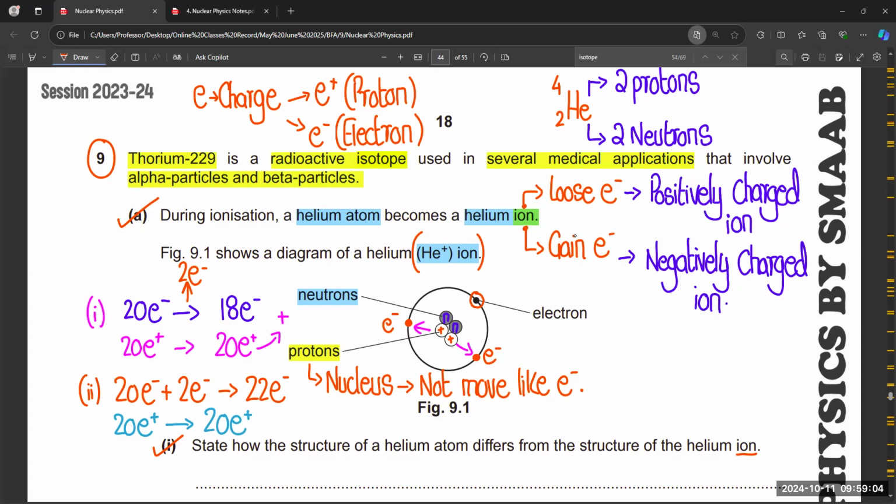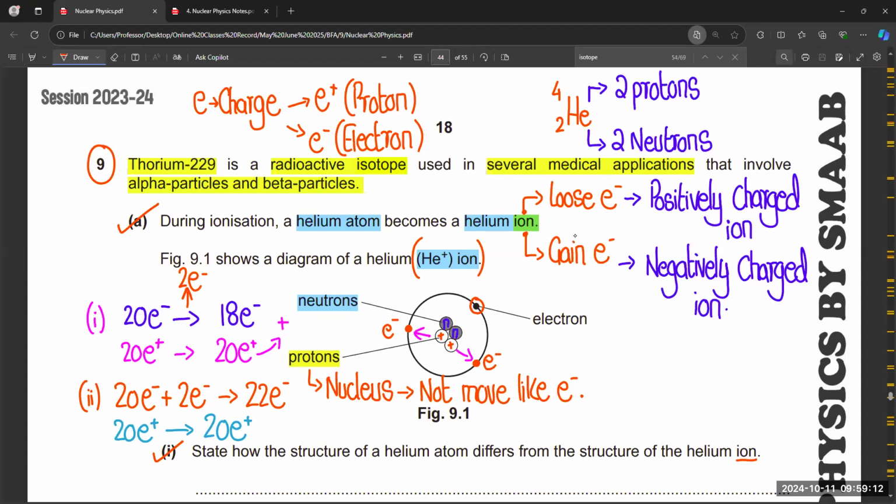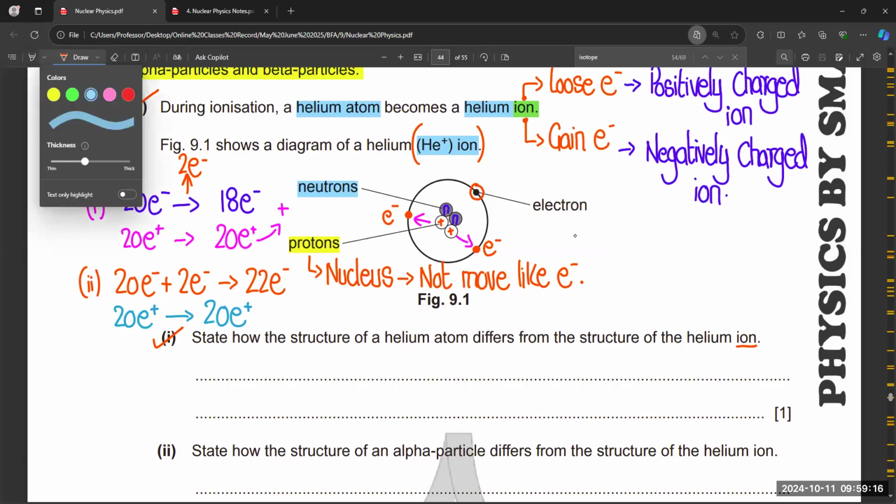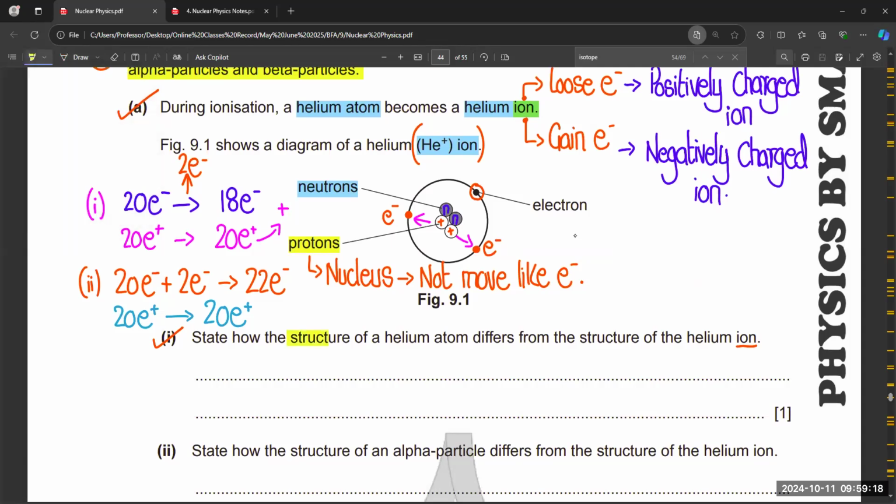First of all, in the first part, they are asking about helium ion. The question is, state how the structure of a helium atom differs from the structure of the helium ion. So they are asking about the difference between helium atom and helium ion.